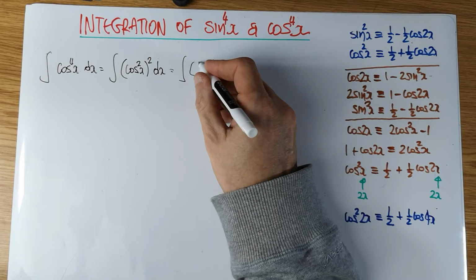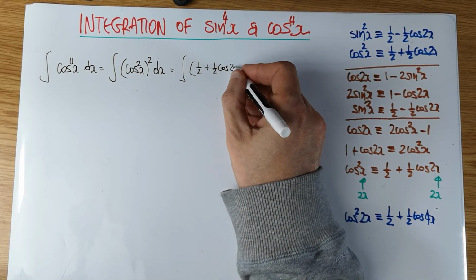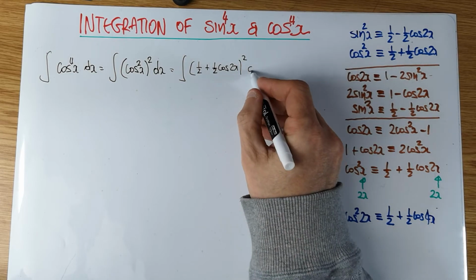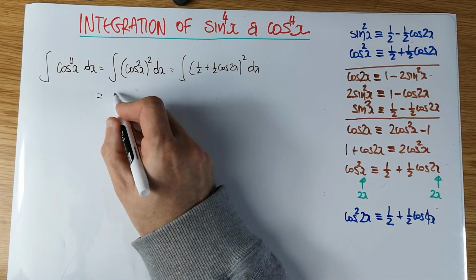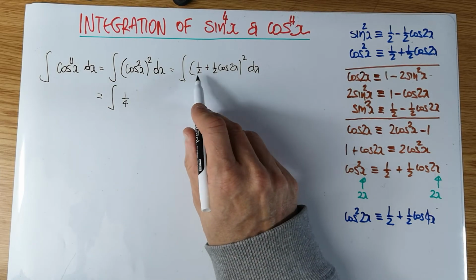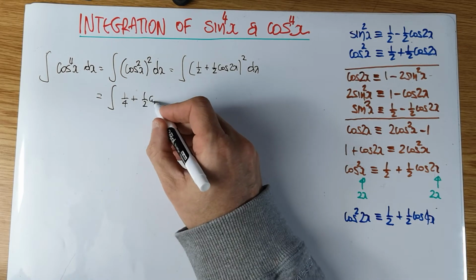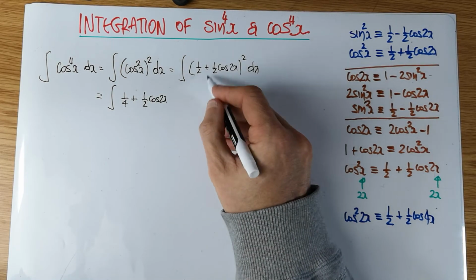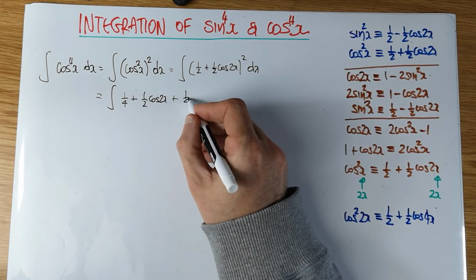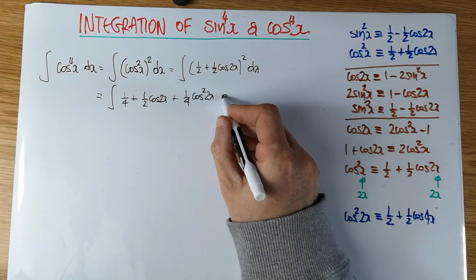So this is going to be a half plus a half cos 2x all squared dx. Square the bracket out, so that's going to give us 1/4 plus half times a half is a quarter, doubled is a half cos of 2x plus this quantity squared, which of course is 1/4 cos squared of 2x dx.